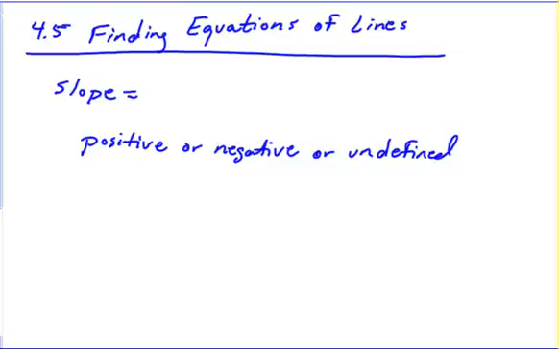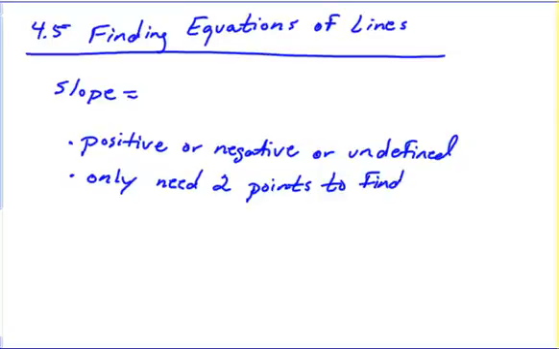You can find the slope as long as you have 2 points. So far we've got that we know slope can be positive or negative or even undefined.